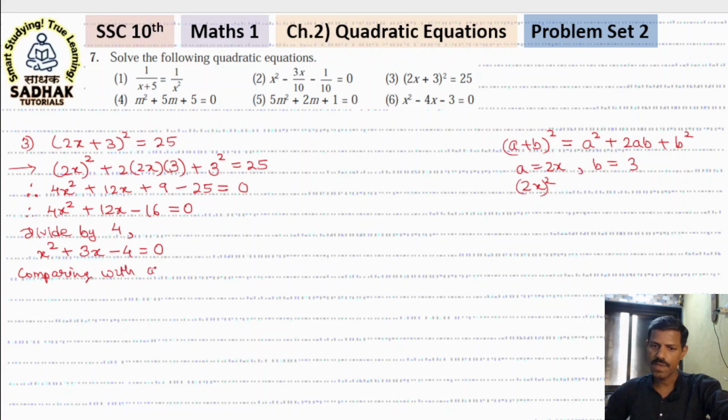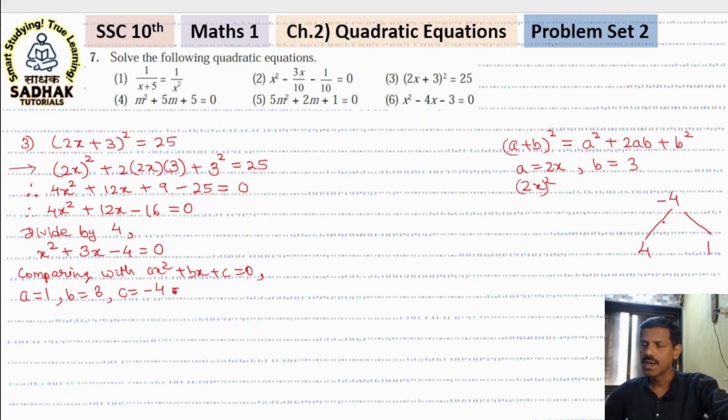Comparing with ax square plus bx plus c is equal to 0, what do we understand? a is equal to 1, b is equal to 3 and c is equal to minus 4. Okay, so now we have to find the factors of minus 4. For 4 you will see two factor pairs, 2 multiplied by 2 and 4 multiplied by 1. Okay, so 4 and 1. We want minus 4, that means one of these two is negative, and how much should the addition be? 3. Okay, plus 3. So if the addition should be plus 3, we take plus for the bigger number and minus for the smaller number. Okay, so plus 4 multiplied by minus 1 will give us minus 4, and plus 4 minus 1 will give us plus 3. Okay, so these are our factors that we need.